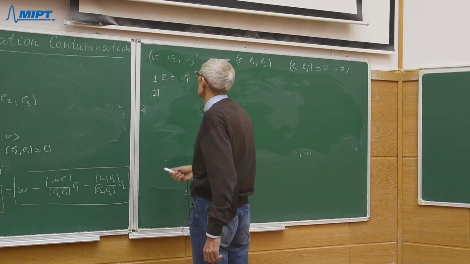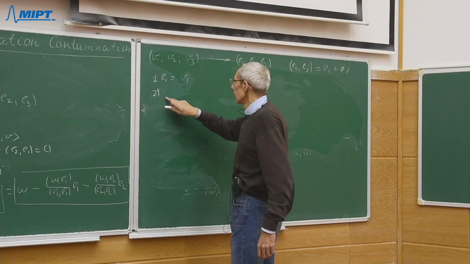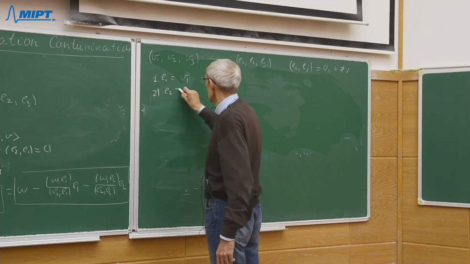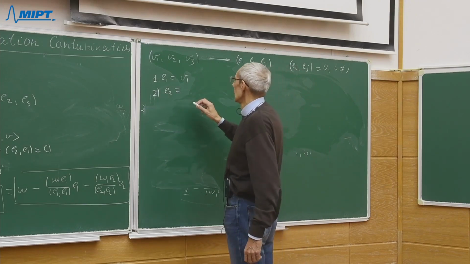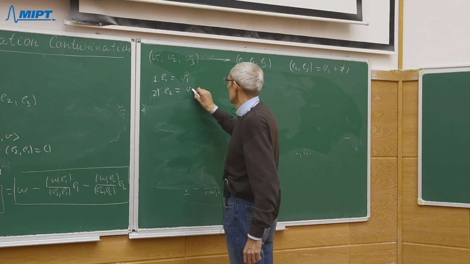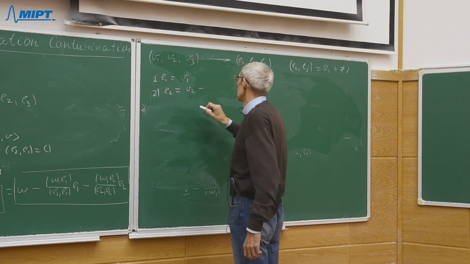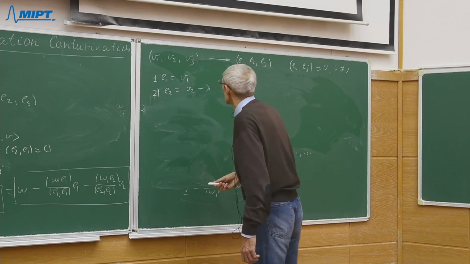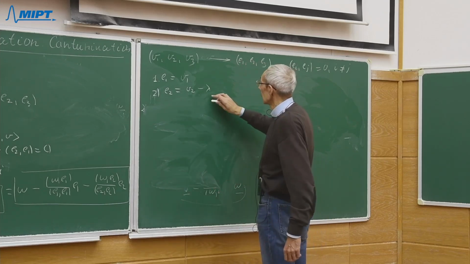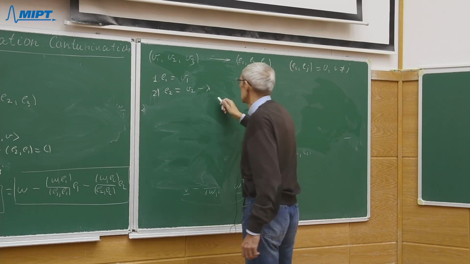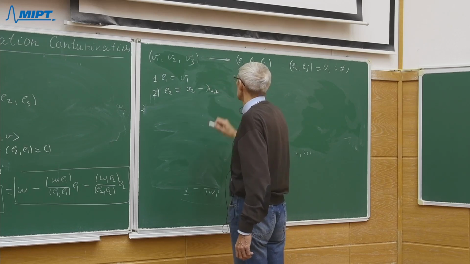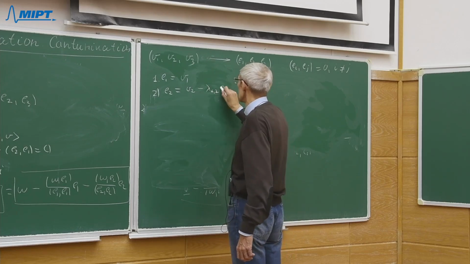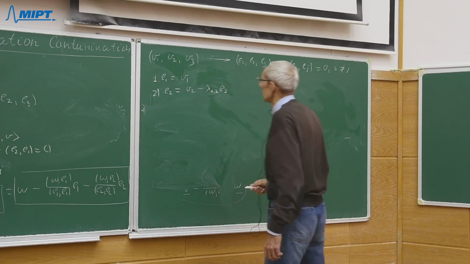Second, we look for the second vector e2 as a linear combination of the vector v2 and some coefficient lambda_12 times e1.